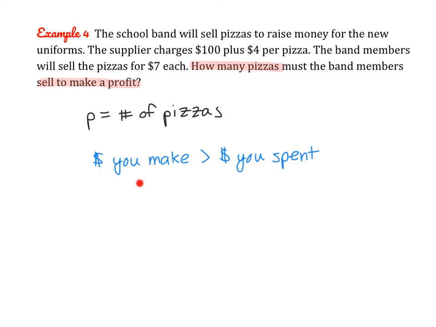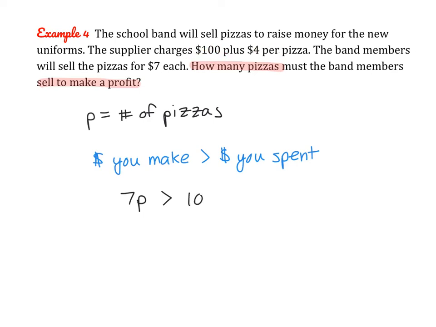So let's first describe how much money they would make. Well, if they're selling the pizzas for $7 each, the money that they're going to make is $7 times the number of pizzas, which is P. So remember, we want that to be greater than the money they spent on the pizza. So this is how we can describe the money they spent.